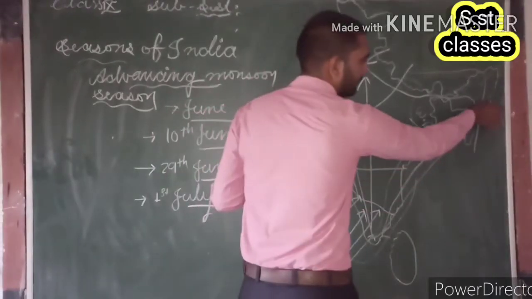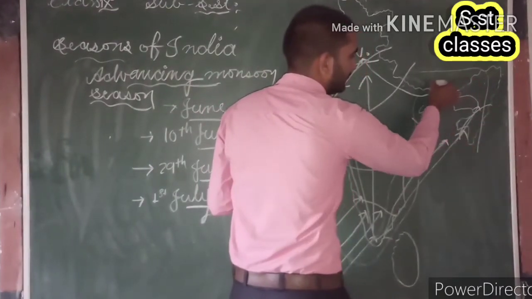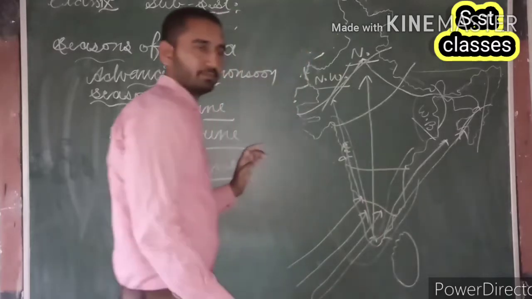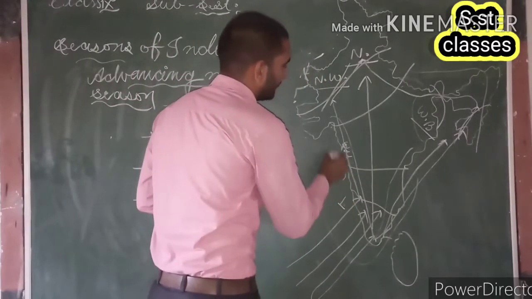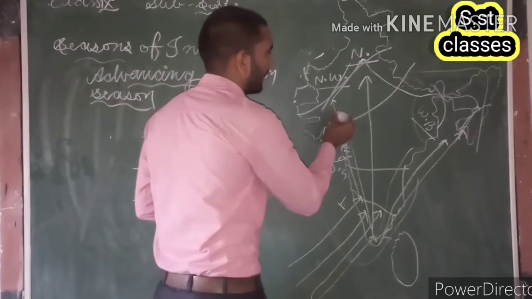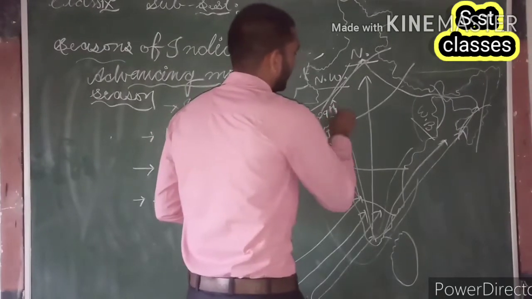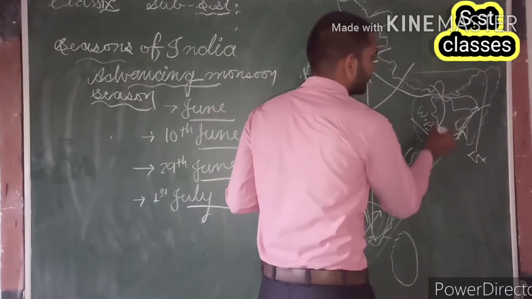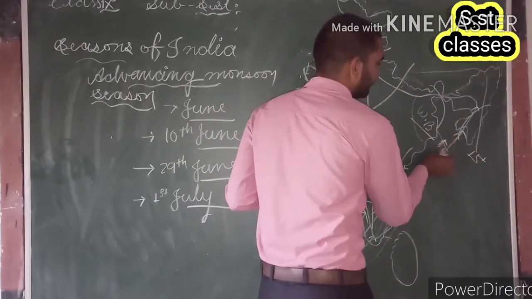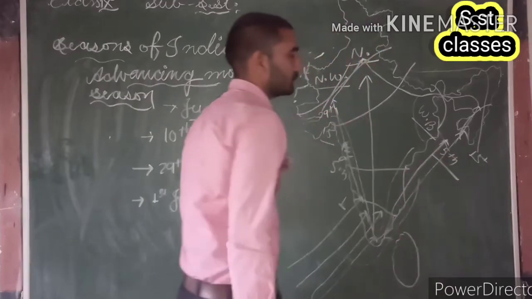This part also 1st of June, and this part till 5th of June. Okay, so 1st of June, 5th of June, 15th of June, after that 29th of June. In the same manner here, 1st of June and this part till 5th of June.